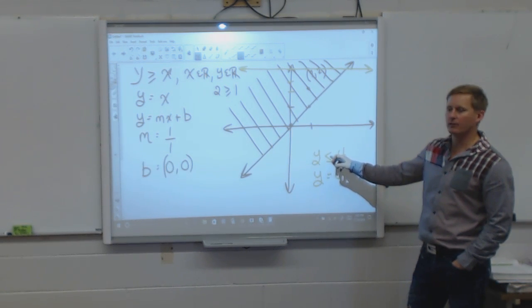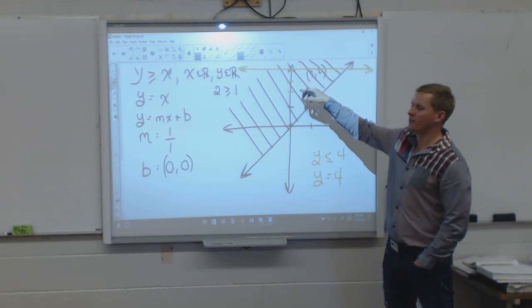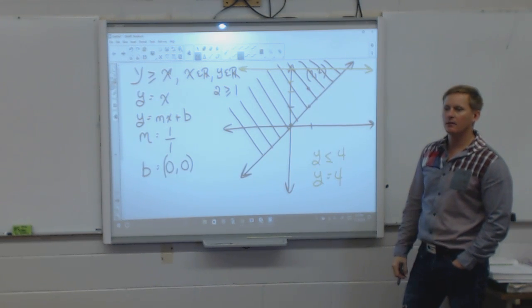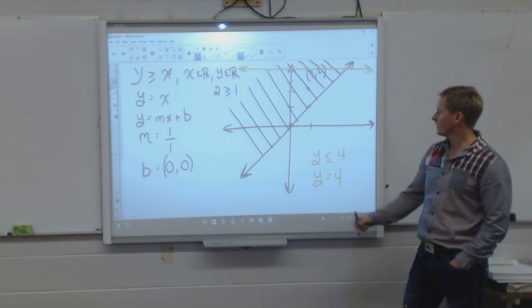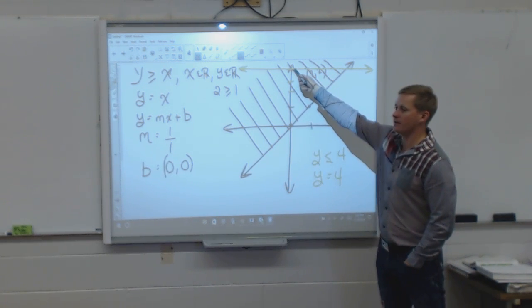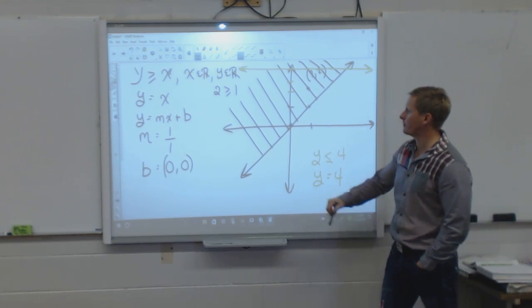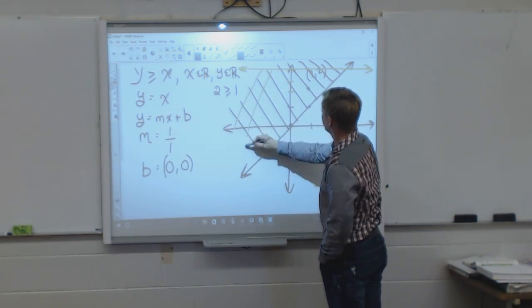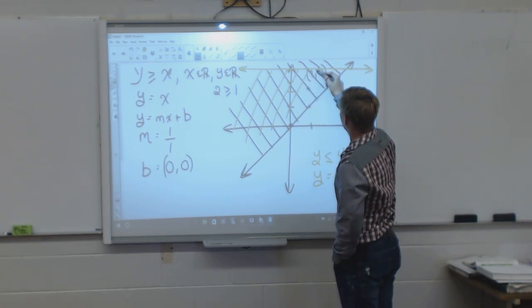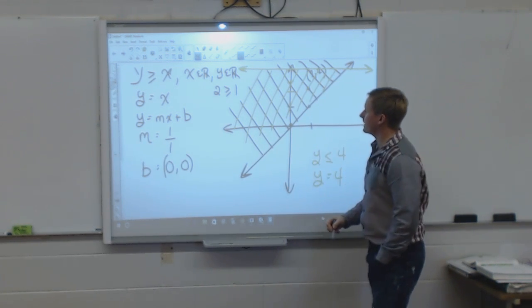Where is y less than or equal to 4 on this graph? Above or below that line? It's below that line, right? All my y values are down here, underneath this line. So I shade the area that includes both of them now. Now what have I done?